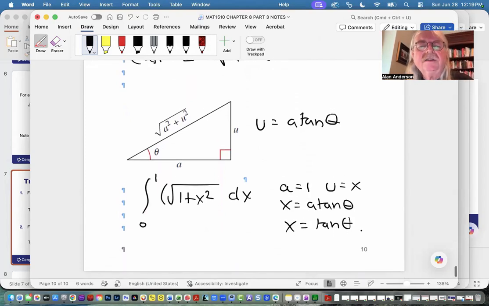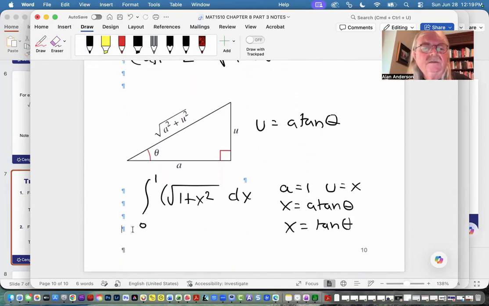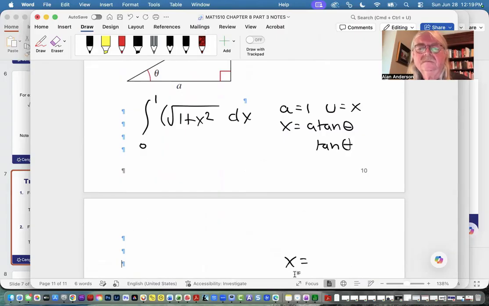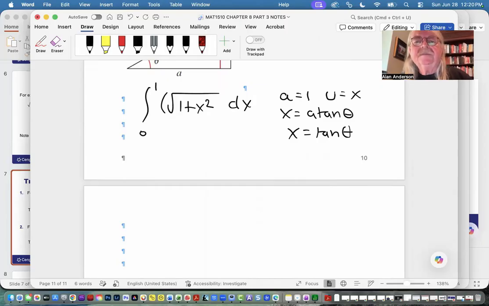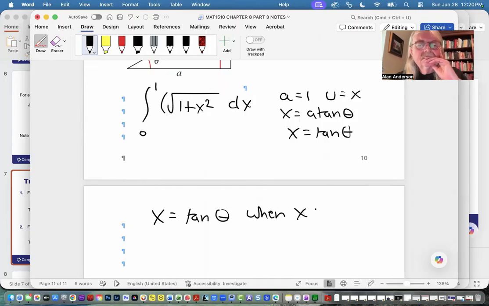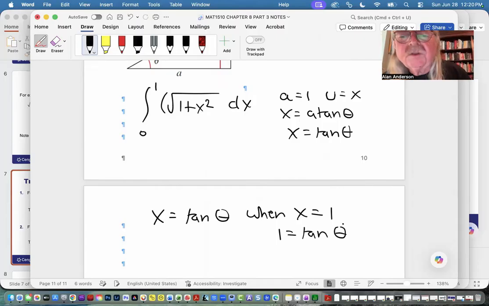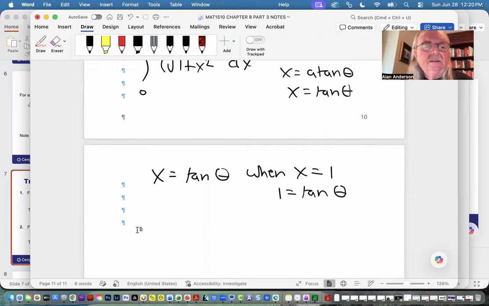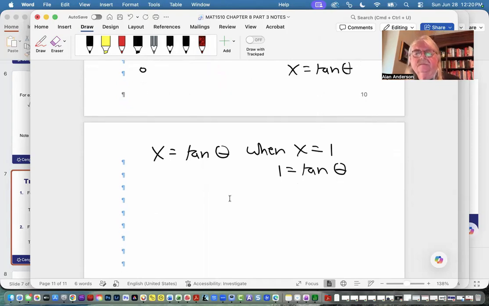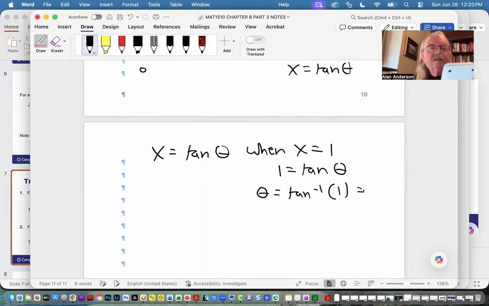All right, so then what about the limits of integration? Since x equals the tangent of theta, we're just going to solve for the arctan of 1. And that should be easy in the calculator.